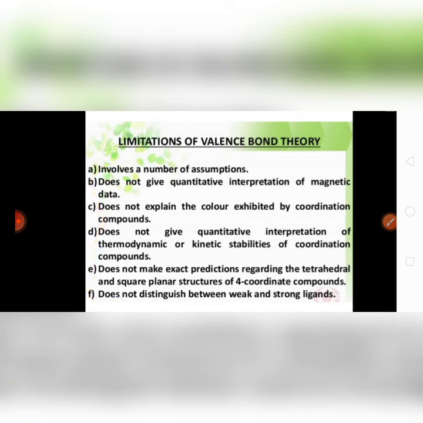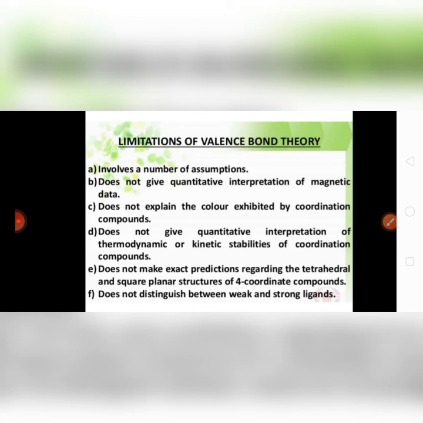First, it contains a number of assumptions. VBT consists of lots of assumptions. The second is it does not give a quantitative interpretation of magnetic data, and does not explain the color exhibited by coordination compounds. Like Werner's theory, it does not explain why coordination compounds exhibit color, why they are so colorful in nature.